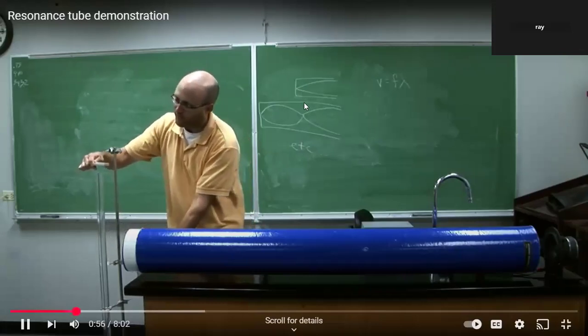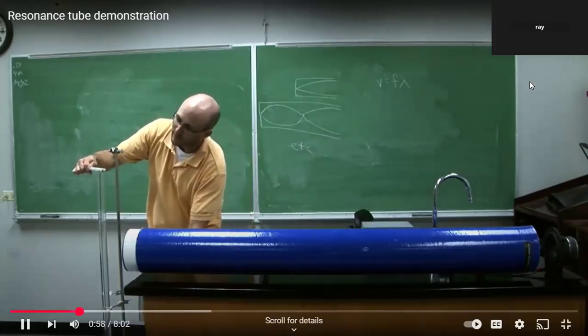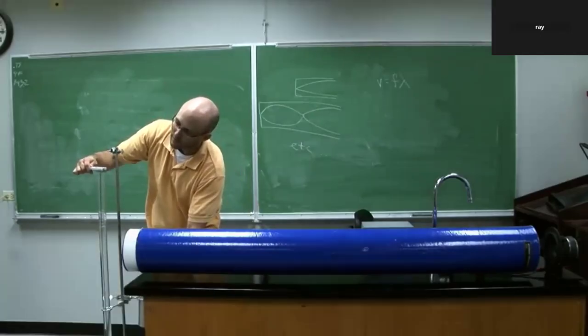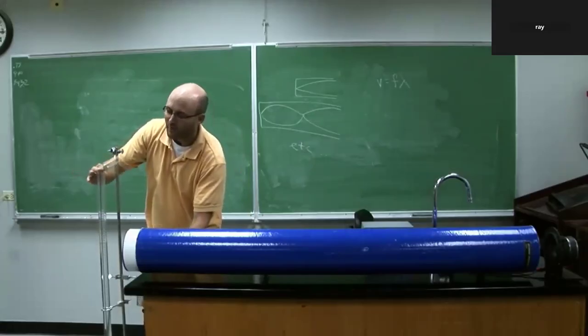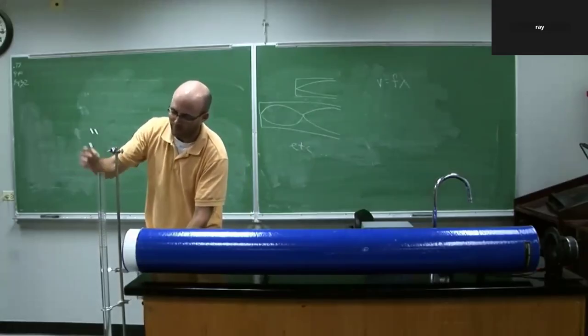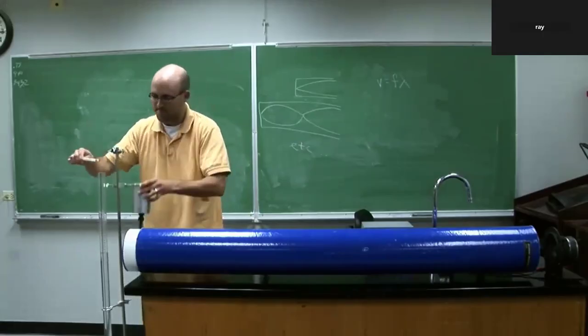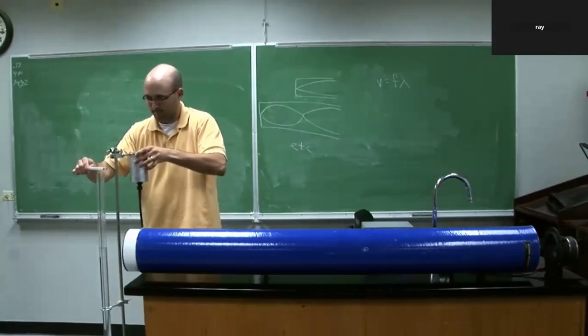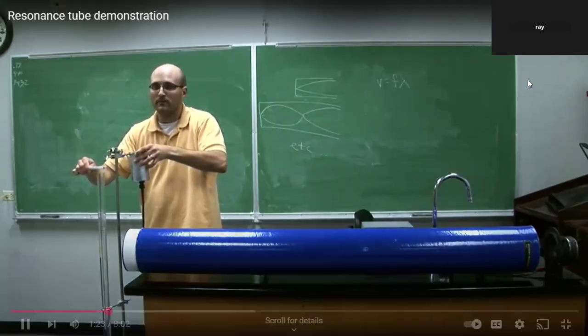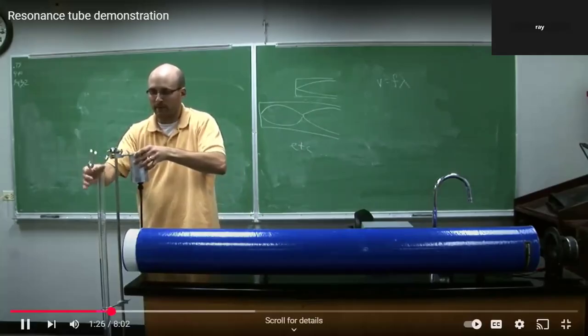And if you decrease the water level, you'll hear it again. There it was again. I'll try to make it happen louder again in case you missed it the first time. I'll raise the water level back up. That's the water level. Okay.